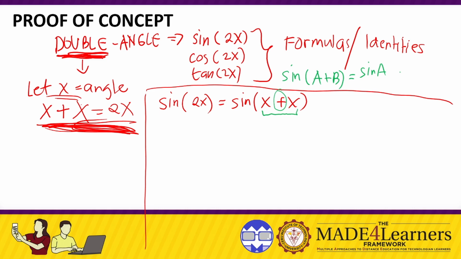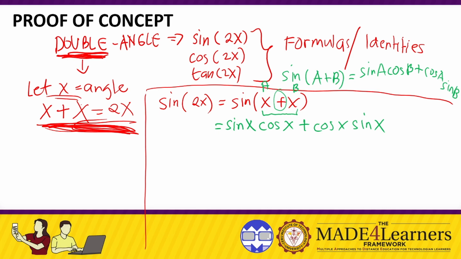So we have sine A cos B plus cos A sine B. Here, our first angle A is x, and our B is also x. So we'll have sine x cos x plus cos x sine x.